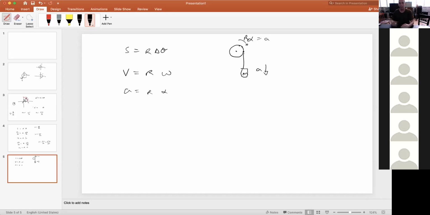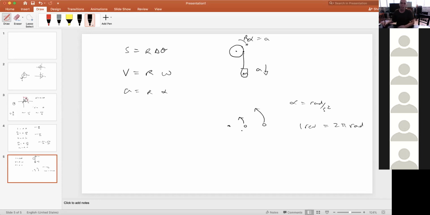What that means is, we talked about this when we did uniform circular motion, but you know that a point here, if they're rotating with the same alpha, this point has to travel slower because it doesn't have as far to go around. Alpha is the rads per second squared. One rotation is 2 pi, right? One revolution or rotation is 2 pi rad.